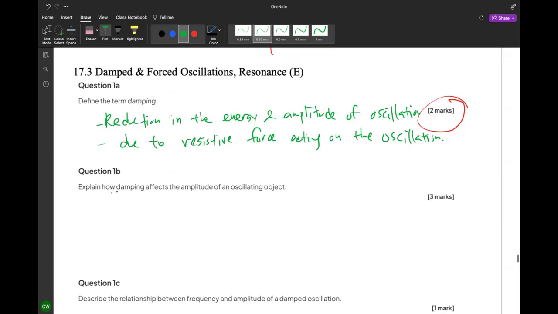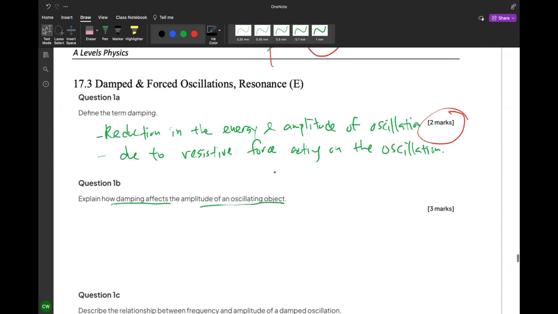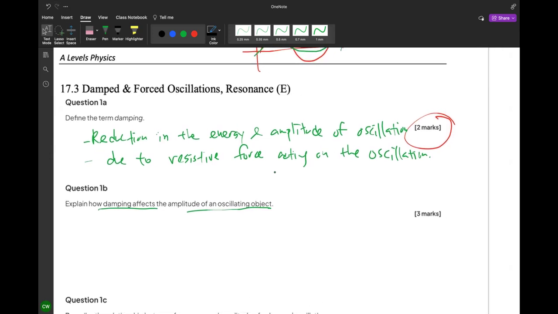What is the damping effect on the amplitude of oscillation? Explain how the damping effect affects the amplitude of the oscillation. 3 marks for you to explain. How do we explain?